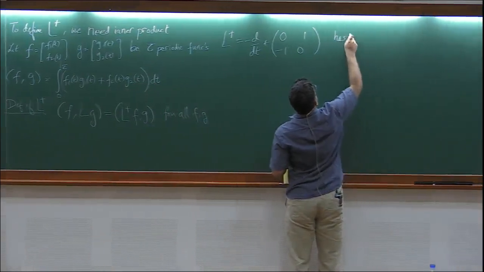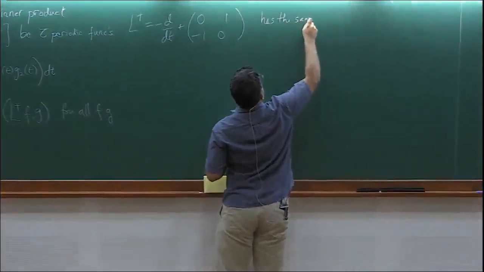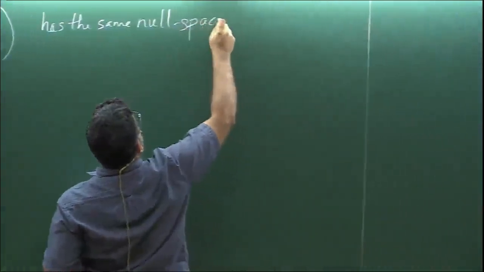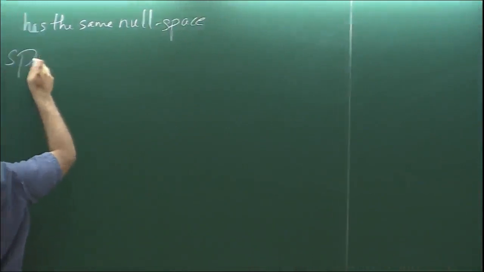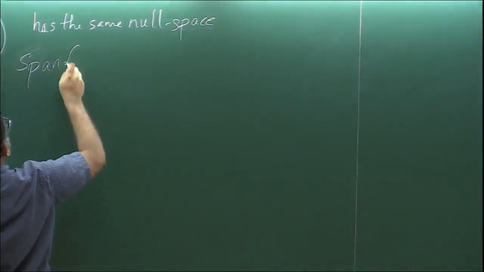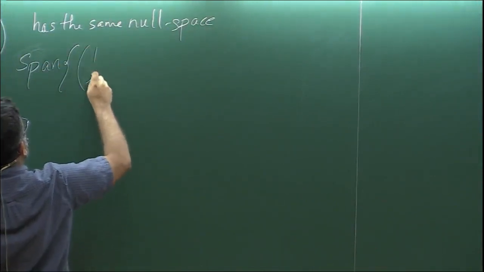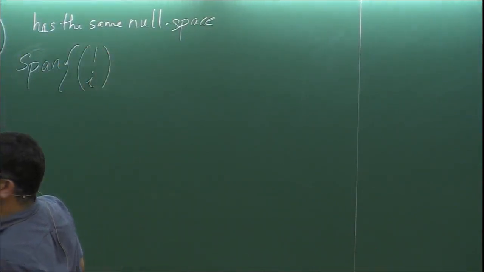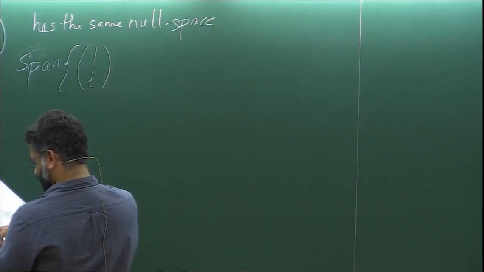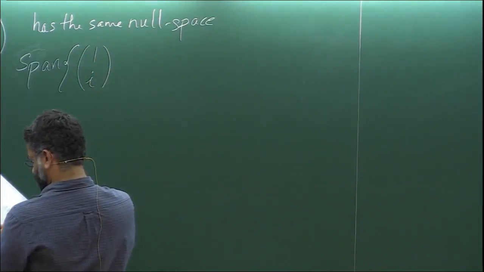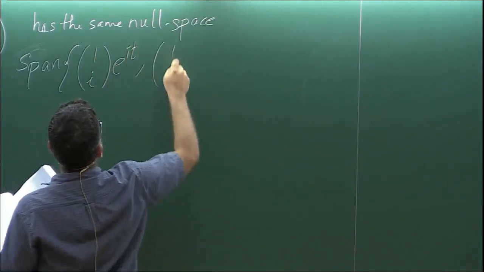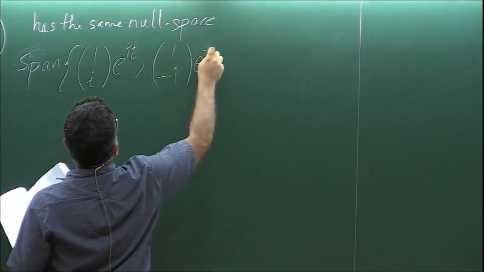Okay, so this has the same null space, which is, let's say, the span of (1, i) e^{it} and (1, -i) e^{-it}. Is that what I wrote? Yeah.